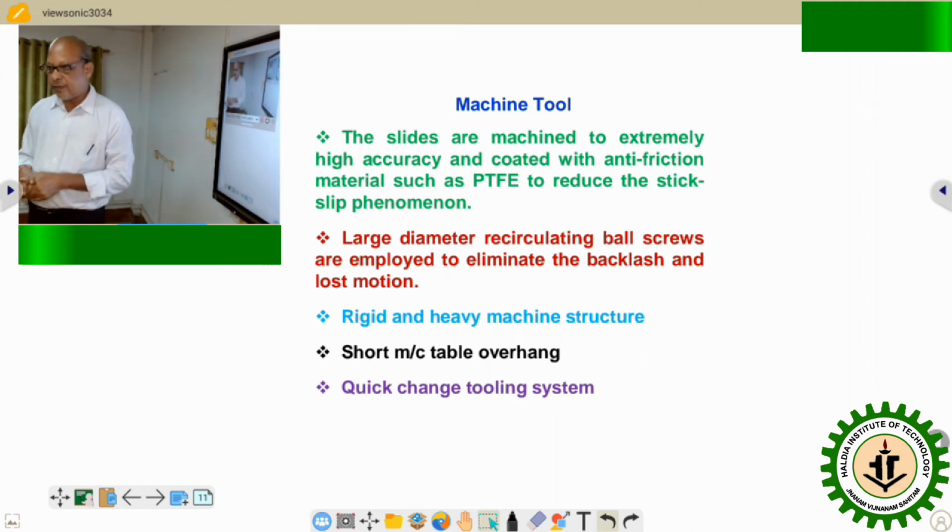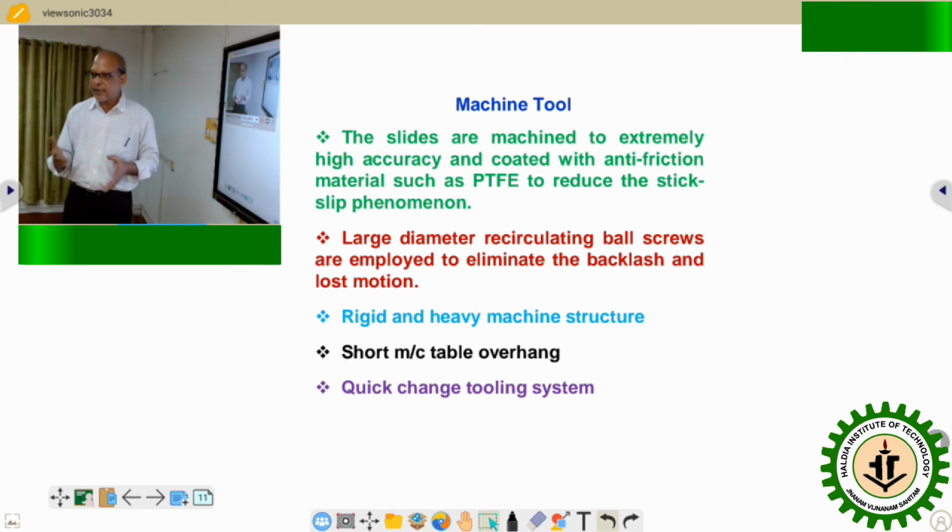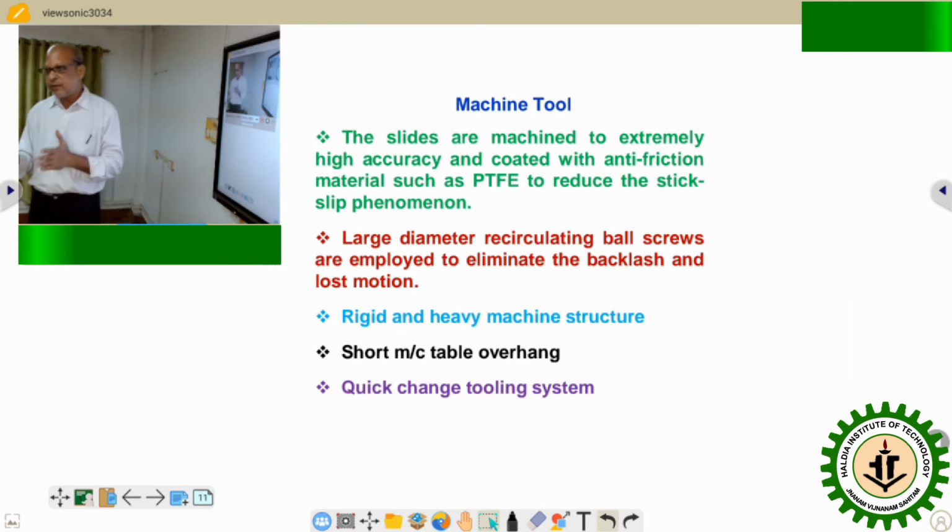You know that friction is a force which adversely affects the transmission efficiency of a mechanical system.